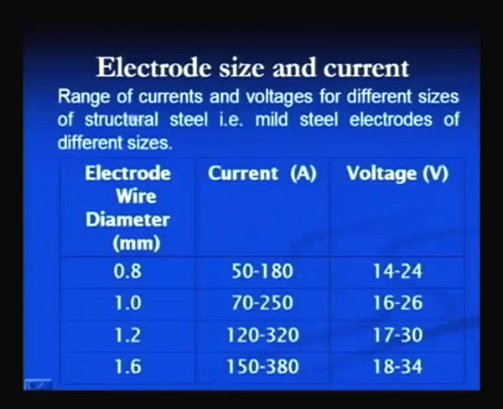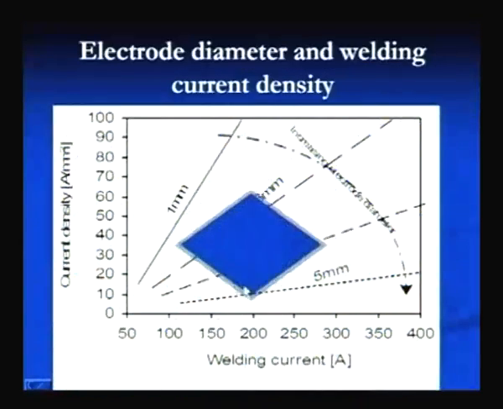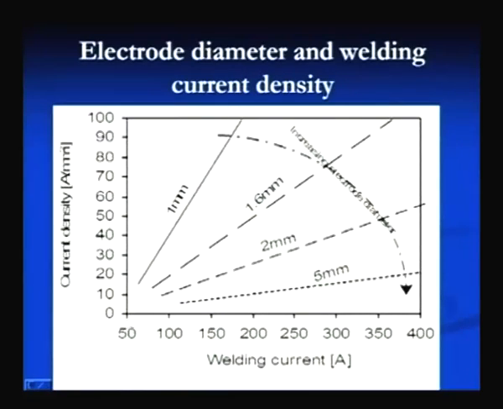So, these ranges of the currents and voltages for the electrodes for steels particularly have been standardized, and these are the commonly used ranges of the currents and voltages for electrodes of the different diameters. We can see here the current density and the current value are closely related with the electrode diameter.